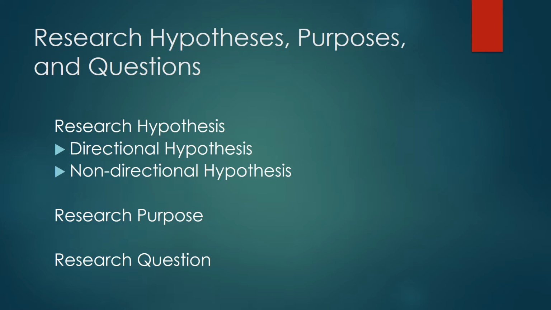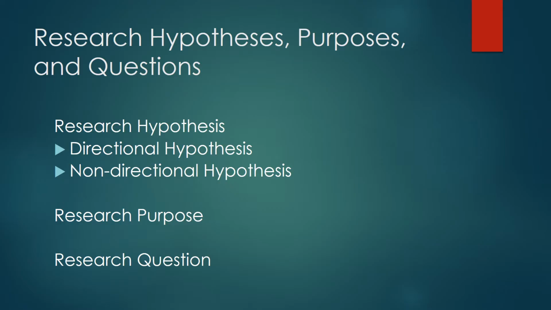When I say educated guess, I don't mean a guess off the top of your head. But think of the research that you have already started doing in your critical annotations. At a certain point, based on having read a series of articles and other research, you could then make an educated guess. That would be your research hypothesis.